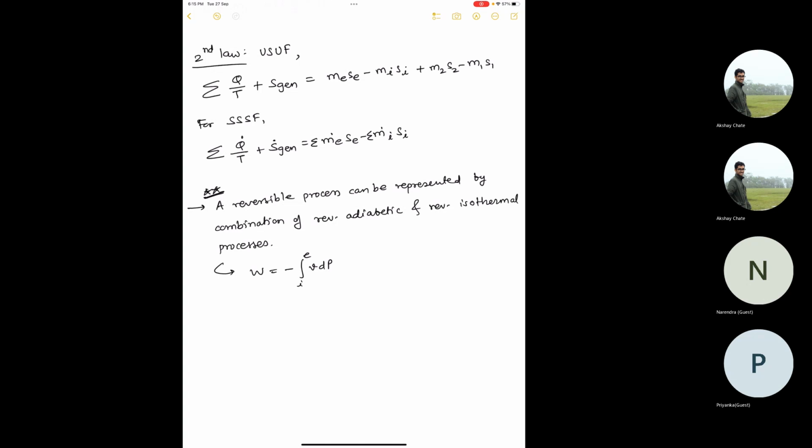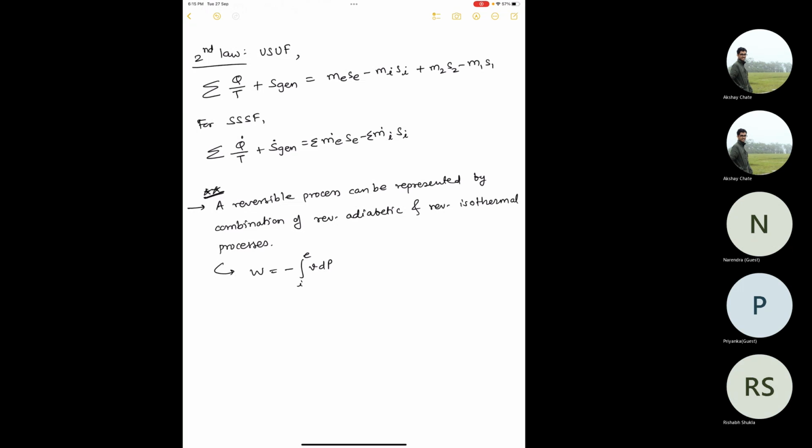They will draw a cyclic process, then they'll take slices of that cyclic process, and each slice will be so small that the reversible process can be represented by a horizontal line and a vertical line. The horizontal line on a TS plot represents an isothermal process, and the vertical line on a TS plot represents an isentropic process, which is reversible adiabatic.